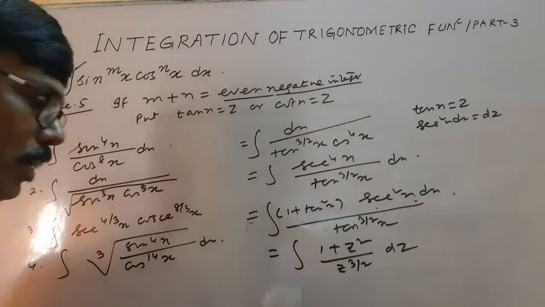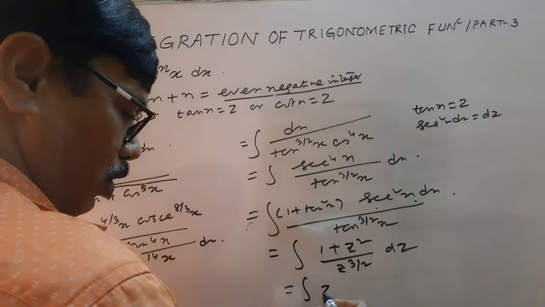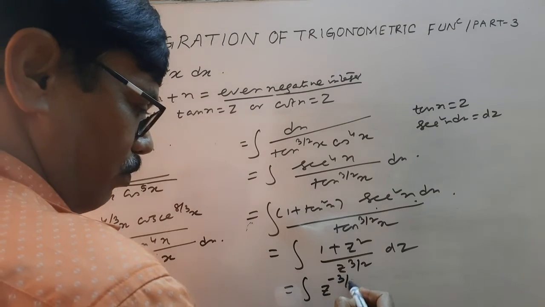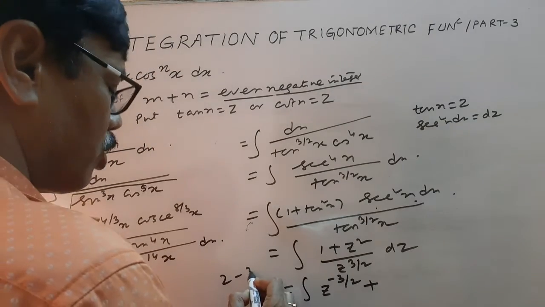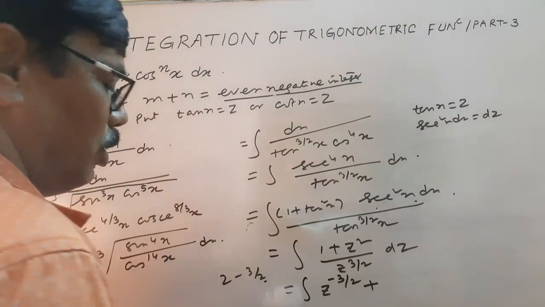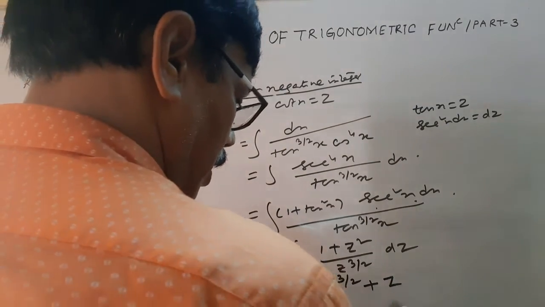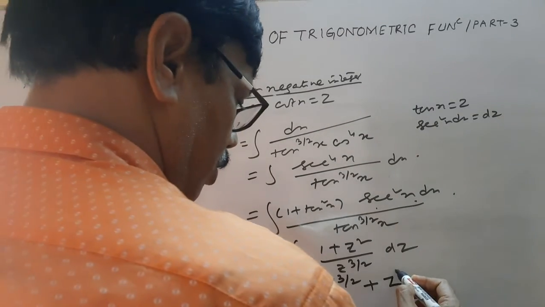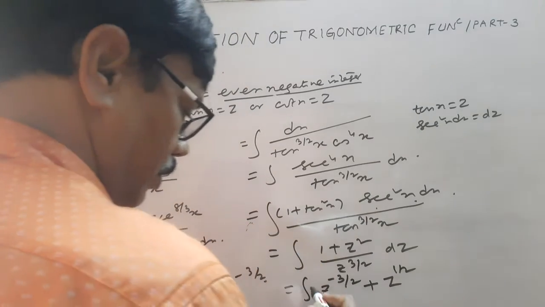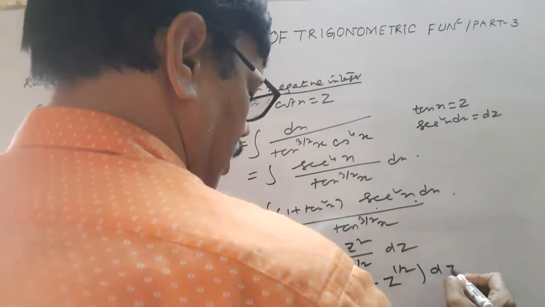Divide term by term: z to the power minus 3 by 2, and z to the power 2 minus 3 by 2, so z to the power half dz.